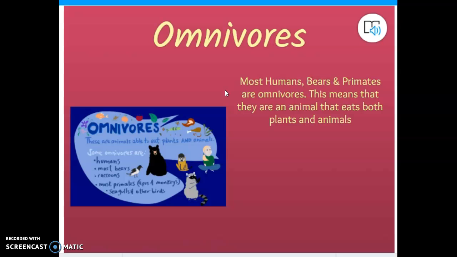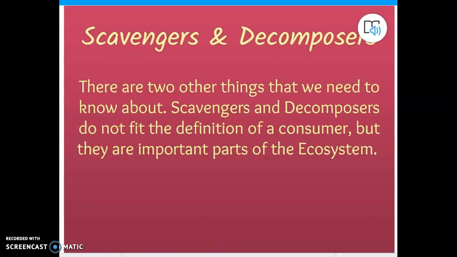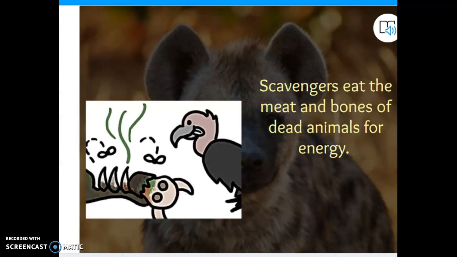And there are a couple of other things that really do fall into a very odd category. And you really can't place them specifically into one of the categories. And that are my scavengers and my decomposers. They don't perfectly fit into those three main categories of consumers.